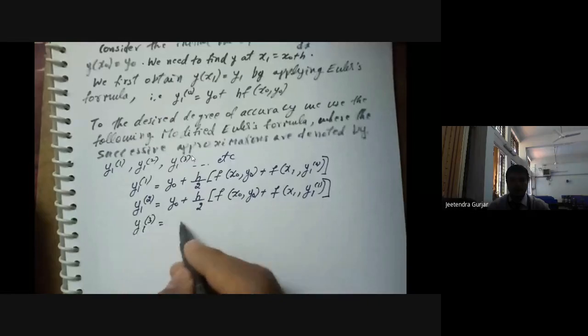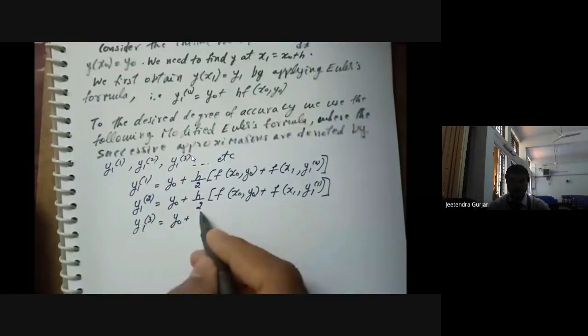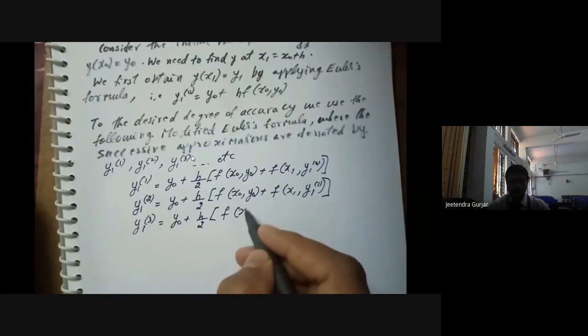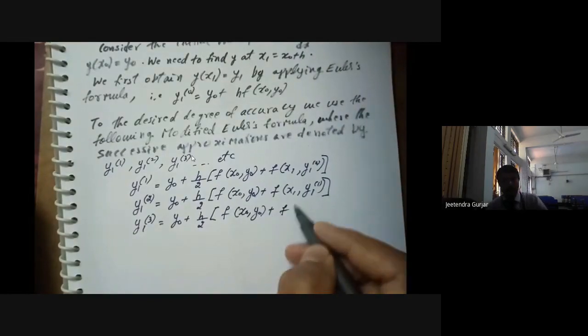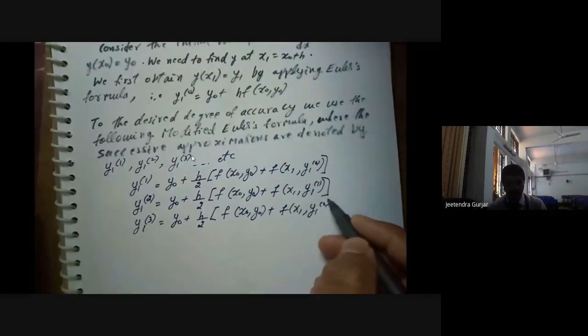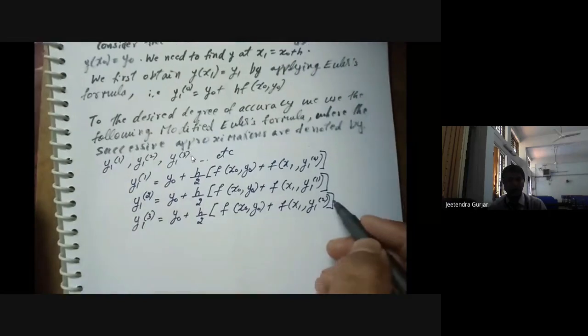Then we get y1 raised to 3 is equal to y naught plus h upon 2 times f of x naught, y naught plus f of x1, y1 raised to 2. So like this we go on substituting the previous value in the next approximate values and so on.